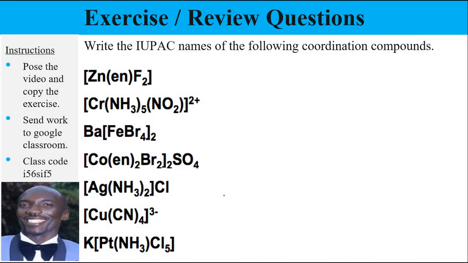So having looked at the rules, this is an exercise, or what we can call review questions. From here, you just need to check out yourself and see how to name this. Maybe I can help, like in this example, this one. This is where we're naming.